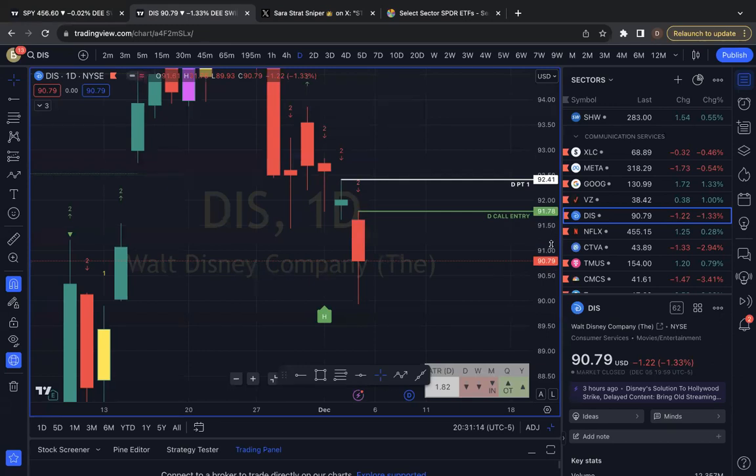No, it's actually lined up almost perfectly. I think it might be 182 exactly from the close to the price target. I'm not doing quick math, but it looks like that might be 182 exactly, or 183. Nope, 182. So this would be our call entry. This would be our price target.